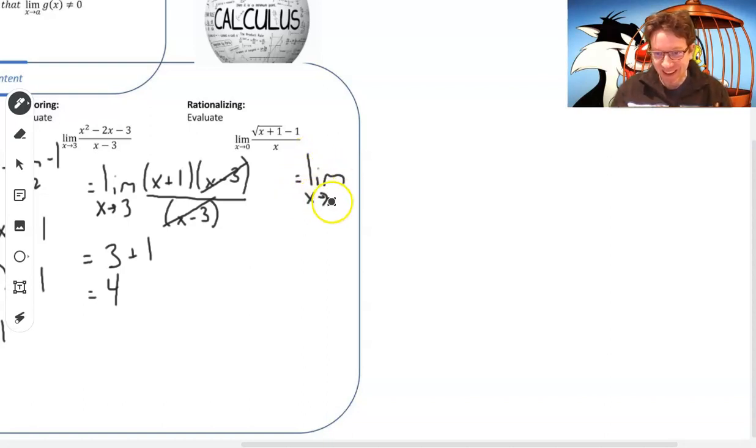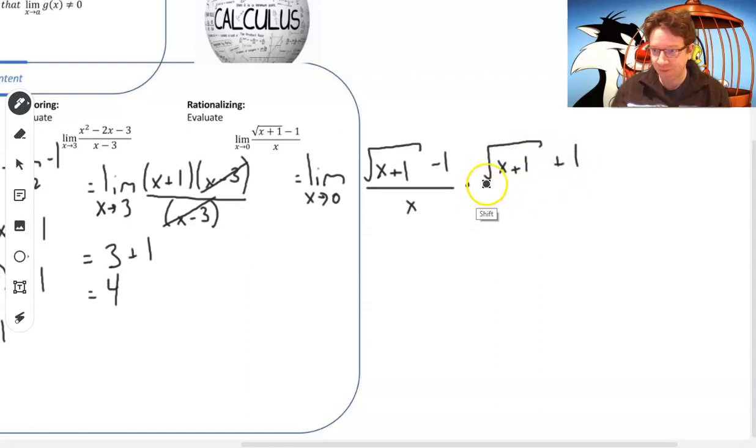All right, so the limit as x approaches 0 of the square root of x plus 1 minus 1 all over x. So we're going to multiply top and bottom by the conjugate of the numerator, which is the square root of x plus 1 plus 1, all over the square root of x plus 1 plus 1, same thing.